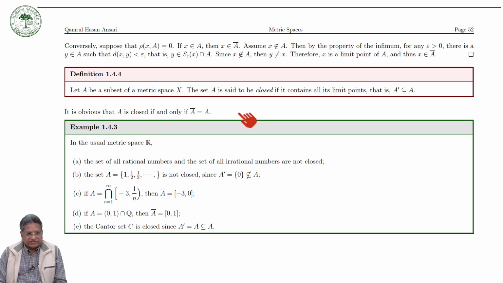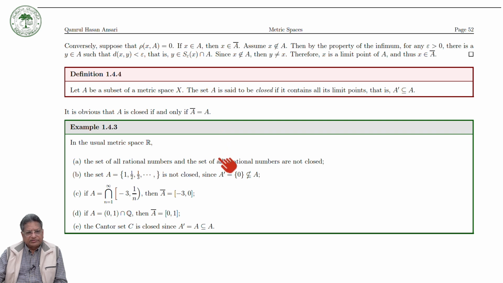Now, we have some examples of closed sets. Suppose we are considering the real line with the usual metric. Then the set of all rational numbers and the set of all irrational numbers are not closed. Why are they not closed? Because a set is closed if the closure of A is equal to A, as we have proved.